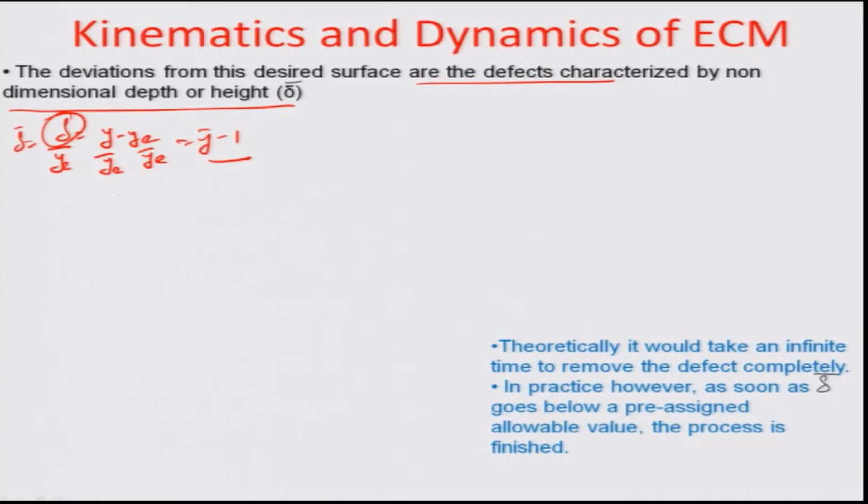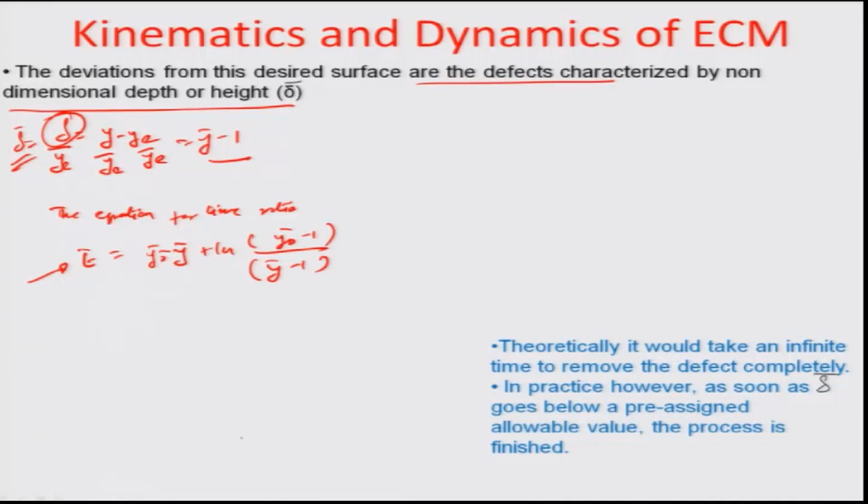We already have the equation for time, borrowed from earlier, the equation for the time ratio or the time variable t dash, represented as y 0 dash minus y dash plus ln of y 0 dash minus 1 divided by y dash minus 1. Let us see if we can figure out something related to the unevenness ratio, the non-dimensional number delta dash, by assuming delta dash to be y dash minus 1 in the manner derived earlier.